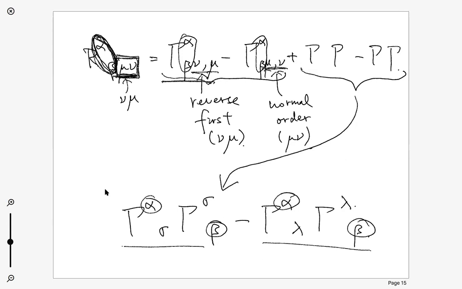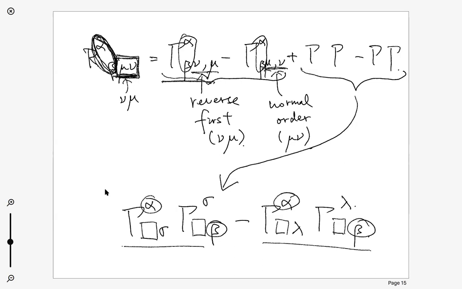Okay, so they're contracted. So now what's left is again mu and nu, right? Because now we have this slot, this slot, and this slot. We only need to fill in mu and nu in these two slots.